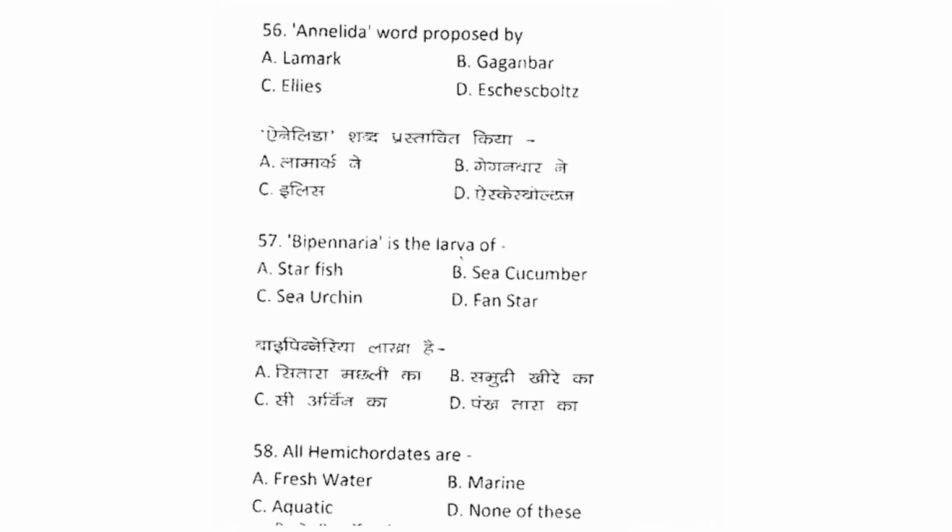Now the next question is Annelida word is proposed by. So it is Lamarck who proposed. Actually, Leuckart recognized Ctenophores as a distinct group. Also, he recognized that sponges are actually animals.